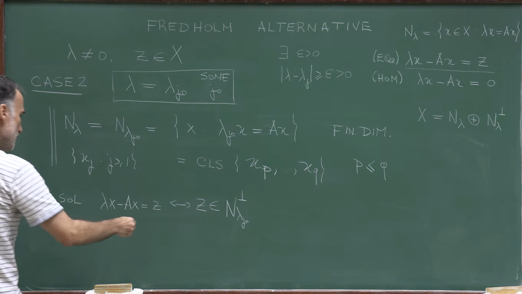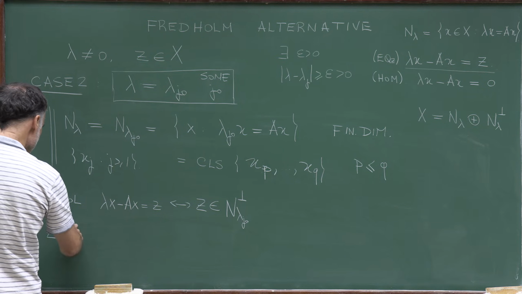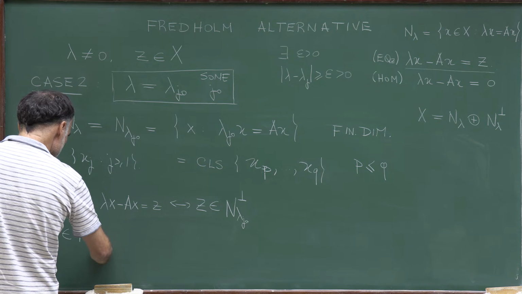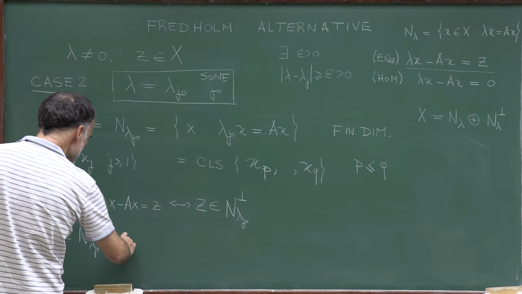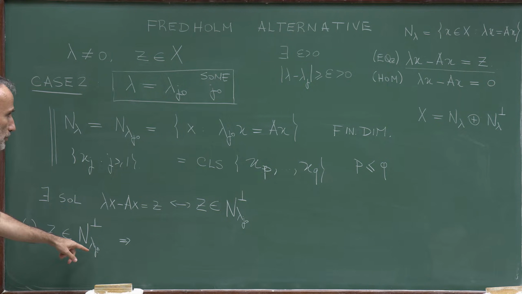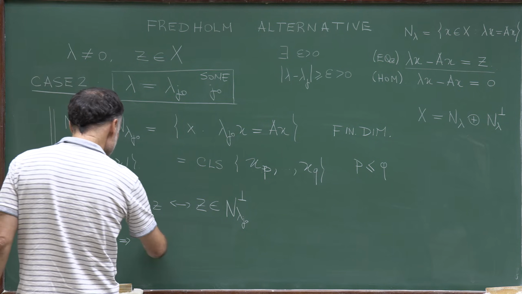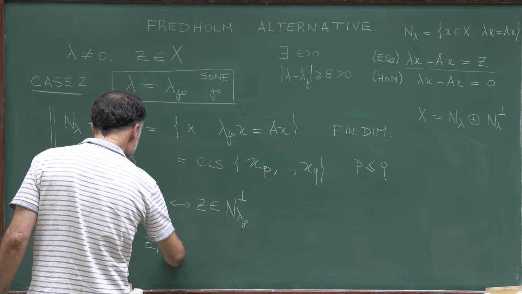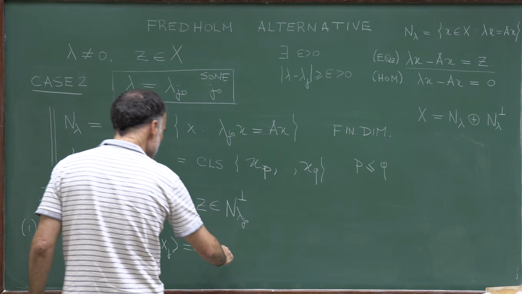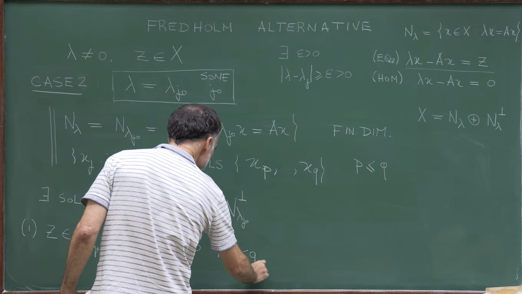Okay, so let's first assume that z belongs to the orthogonal space of N_lambda_j0. So this means that z is orthogonal to all these elements x_j, going from p to q.